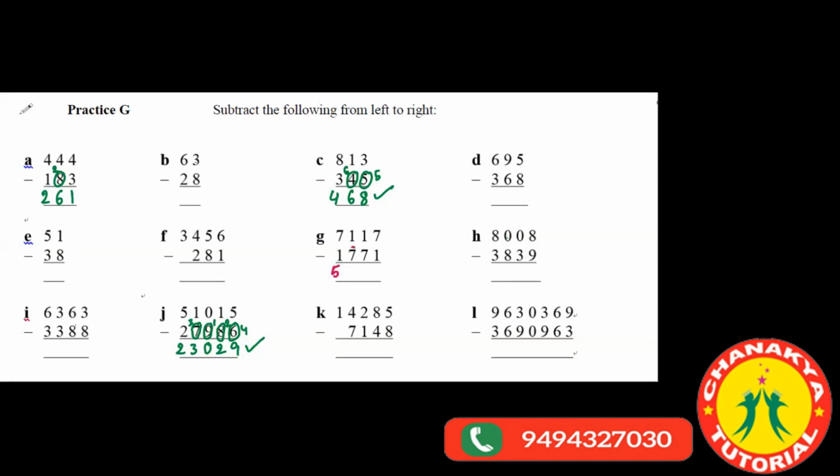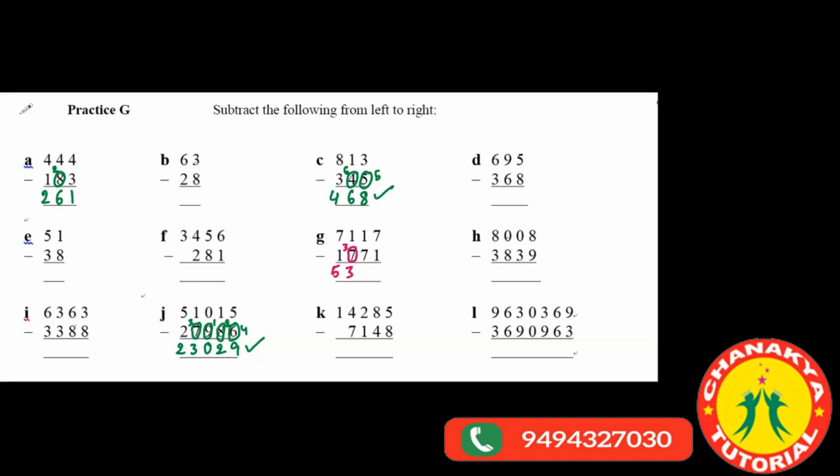Sir, 7 minus 1 is actually 6, but we will write 5 because the next place is mismatch. Good. 1 minus 7. If it is a mismatch, we don't think of the difference. Then we have to go for the complement. Complement of 7 is 3. 1 plus 3 is 4, but we will write 3. Shall we write 3 or any other? We have to write 3 only. 3 plus 1 is 4 actually.